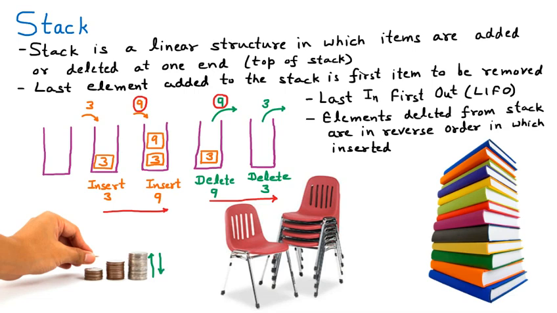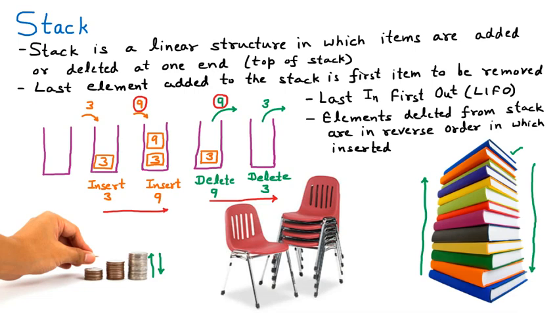Obviously we take out the top coin. And while taking assignments or books, obviously the blue book is the first. So this is the insertion sequence. But while deletion, the sequence will be exactly opposite, because the last book which was inserted is the one taken first.